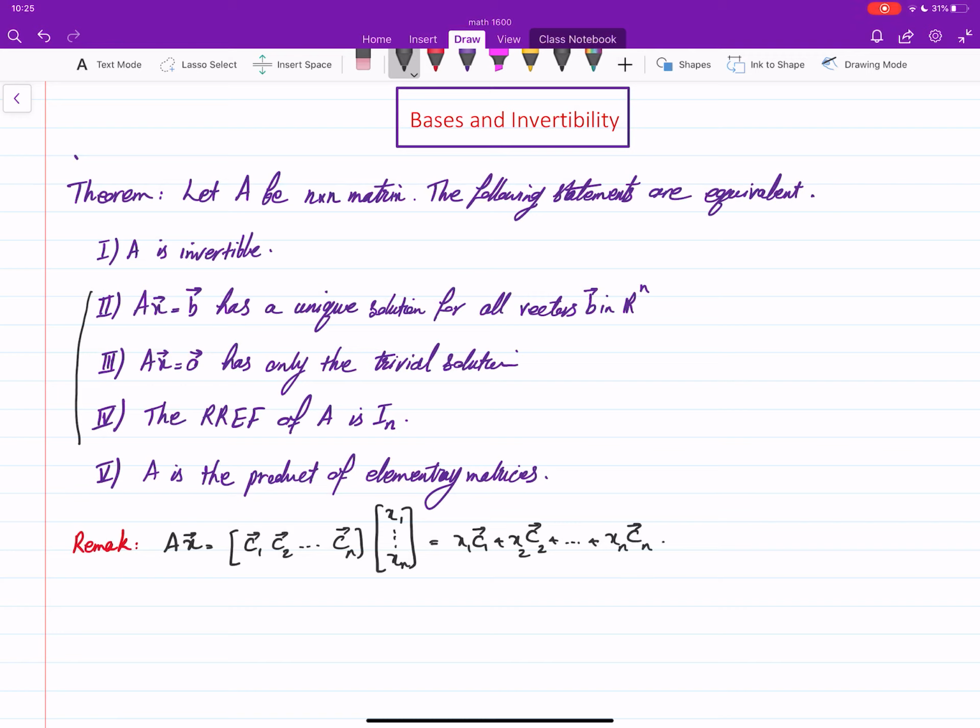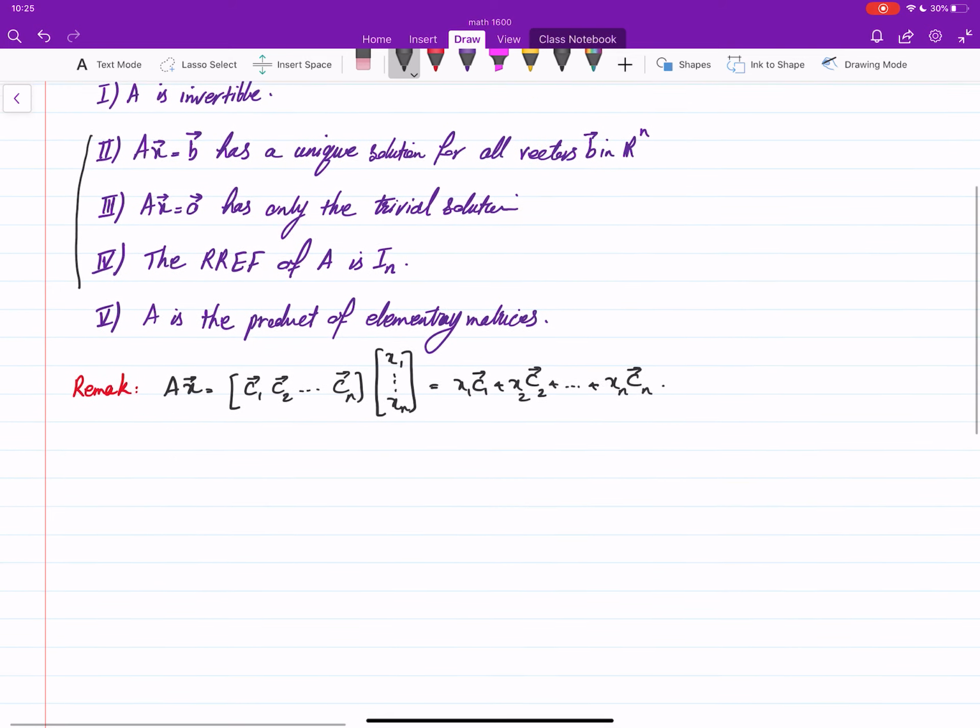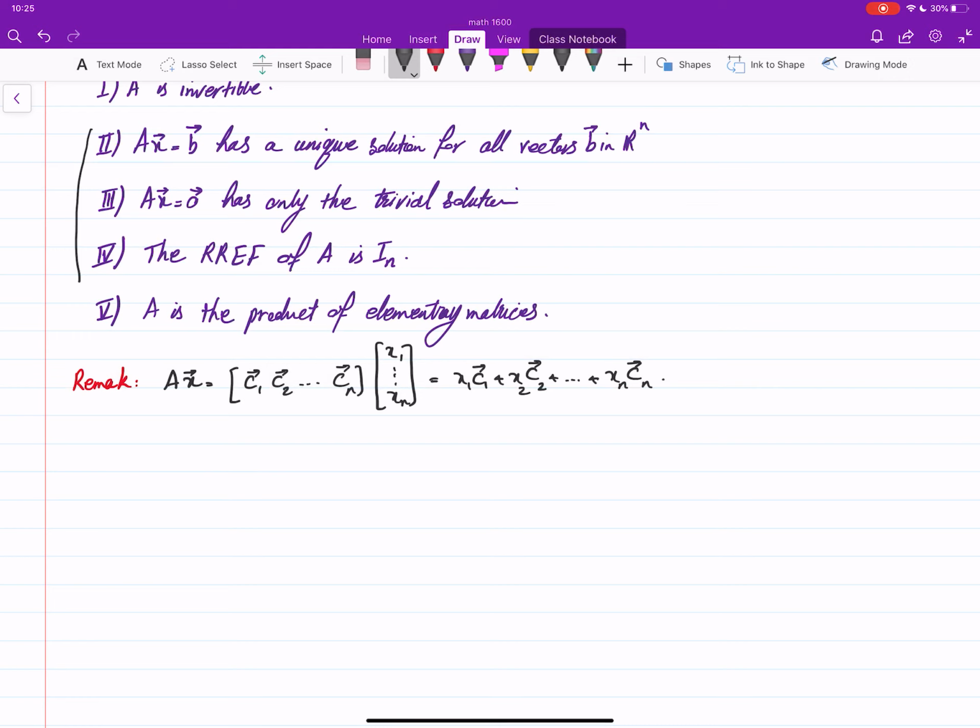This is a very important observation, and it's easy to see. If you have that in mind, now we can go ahead and start finding new statements here.